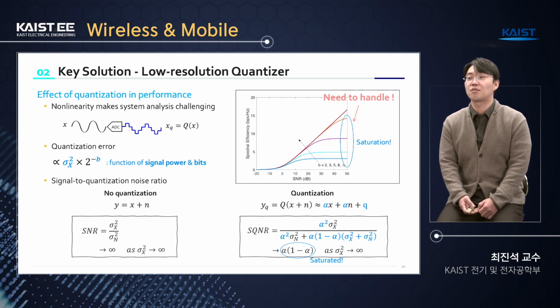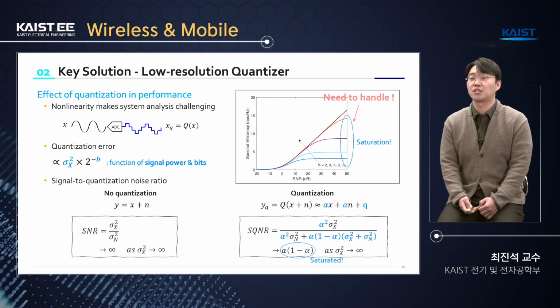Without any quantization error, the quantization bit is considered to be infinite, and we have no upper bound or saturation point on the graph. However, if we decrease the number of bits, we can easily observe a sharply decreasing trend of the spectral efficiency with the decreasing number of bits.